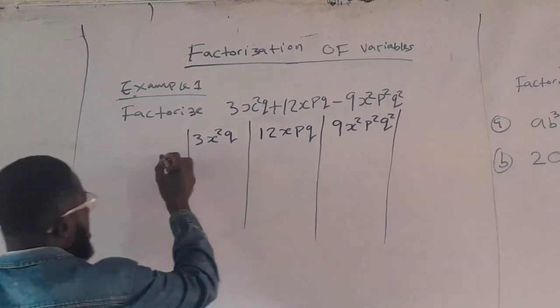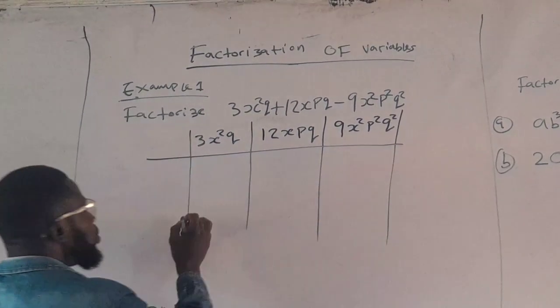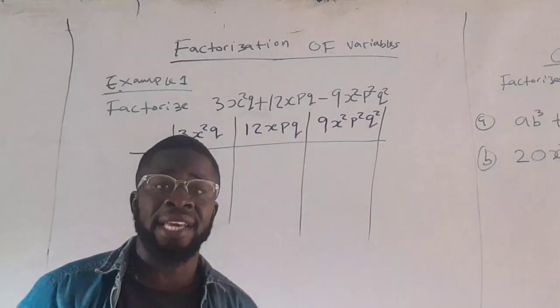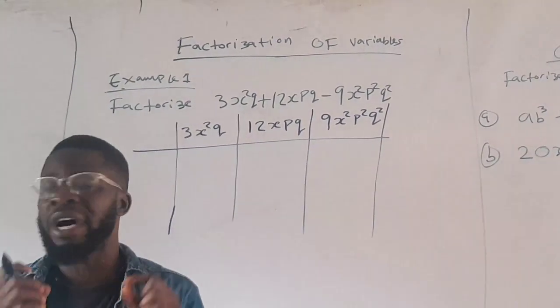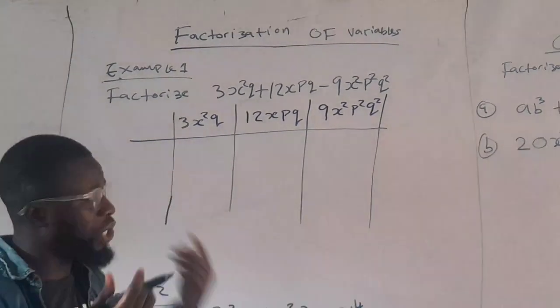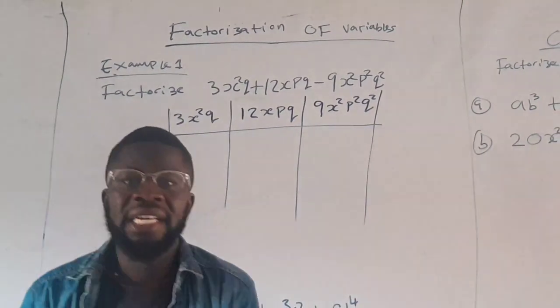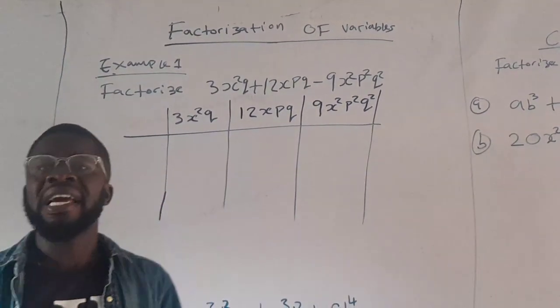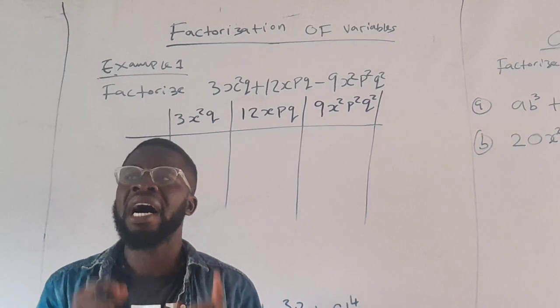Then what are you now going to be doing? You know how you used to do your HCF, that is highest common factor. You have to look for the number that will go in everything. In terms of the number, you check which number will go in everything. Then you check which variable will go in all of them. Then use it to divide and check what your remainder would be.